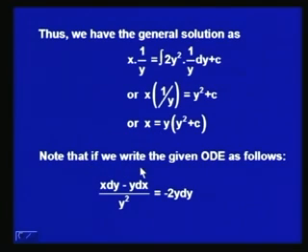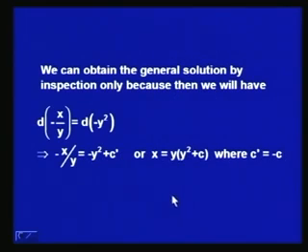Now, let us note the following, that the given ODE can also be expressed as x dy minus y dx over y square equal to minus 2y dy, and so we can obtain the general solution of this ODE by inspection also, because the left hand side is the differential of minus x over y and the right hand side is the differential of minus y square.